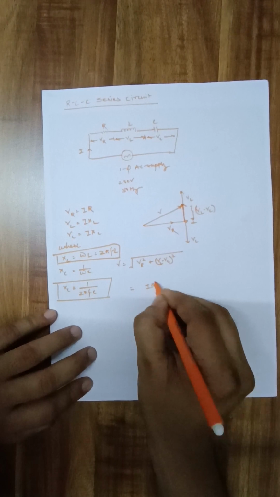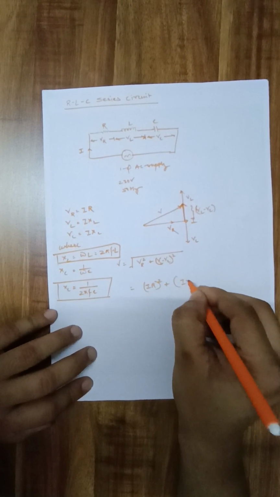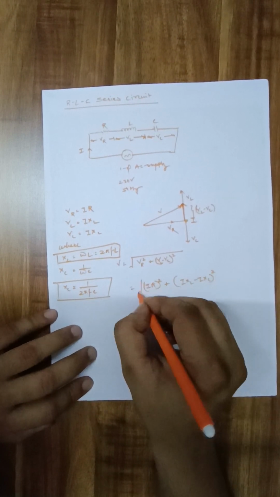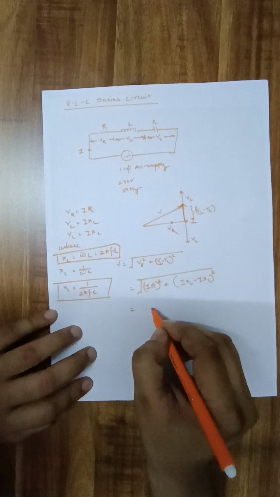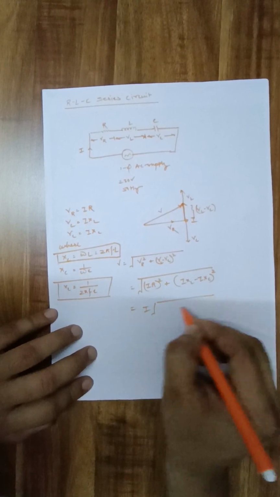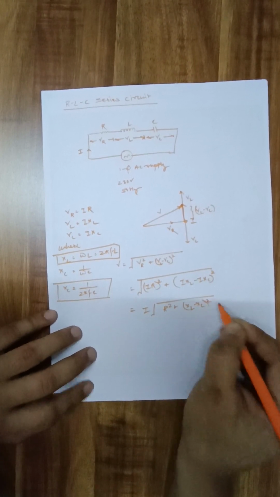So I into R square plus I into XL minus I into XC square. It will become R square plus XL minus XC square.